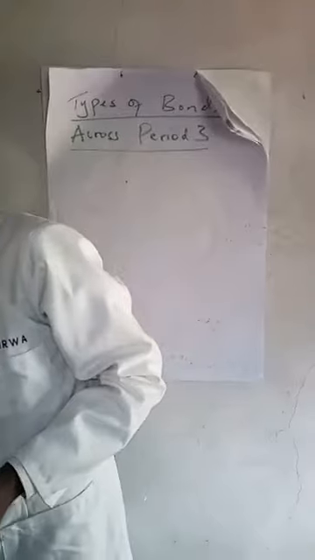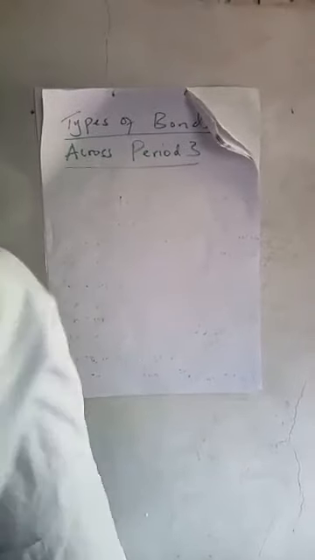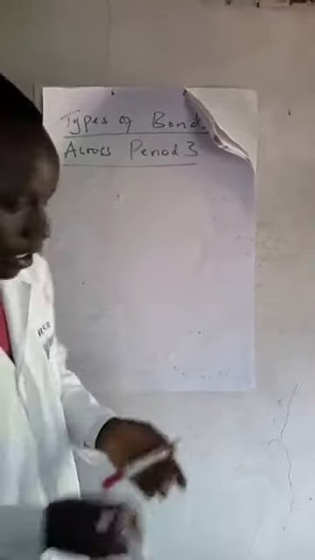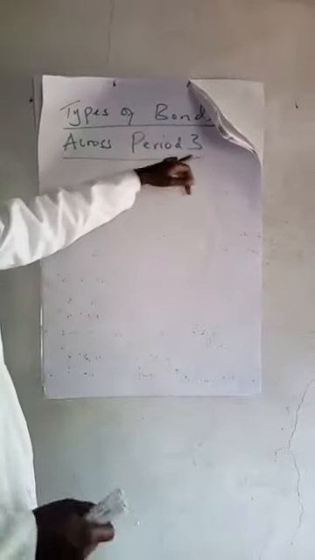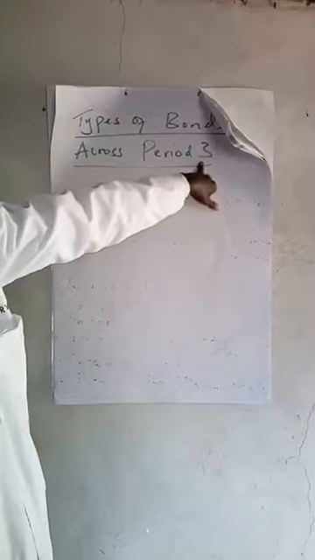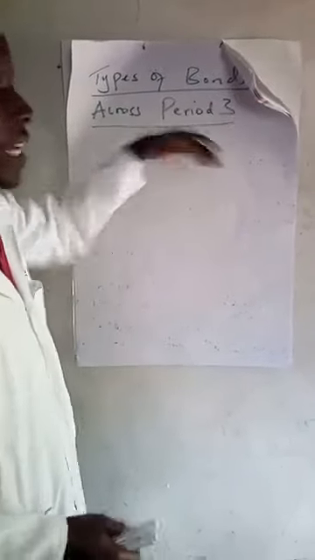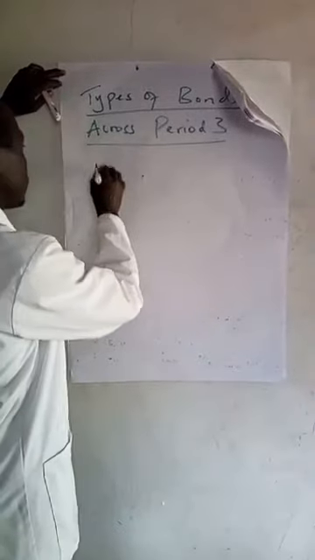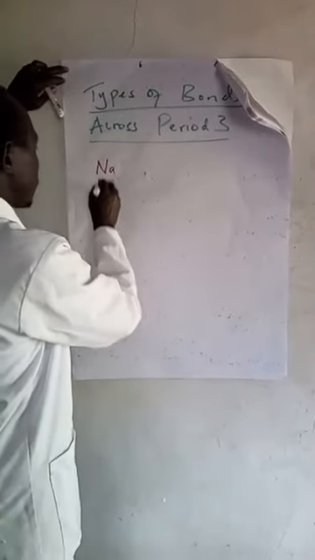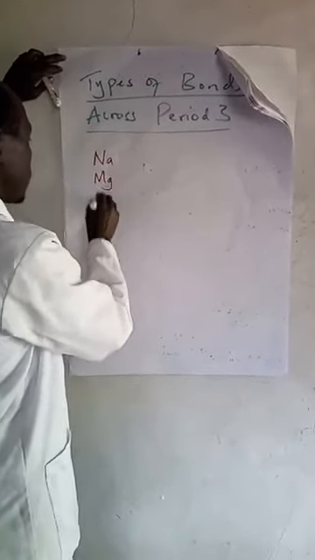We have talked about period 3 before, and we said these are elements that have 3 energy levels. These include sodium, magnesium, aluminium, silicon, phosphorus, sulfur, and chlorine.